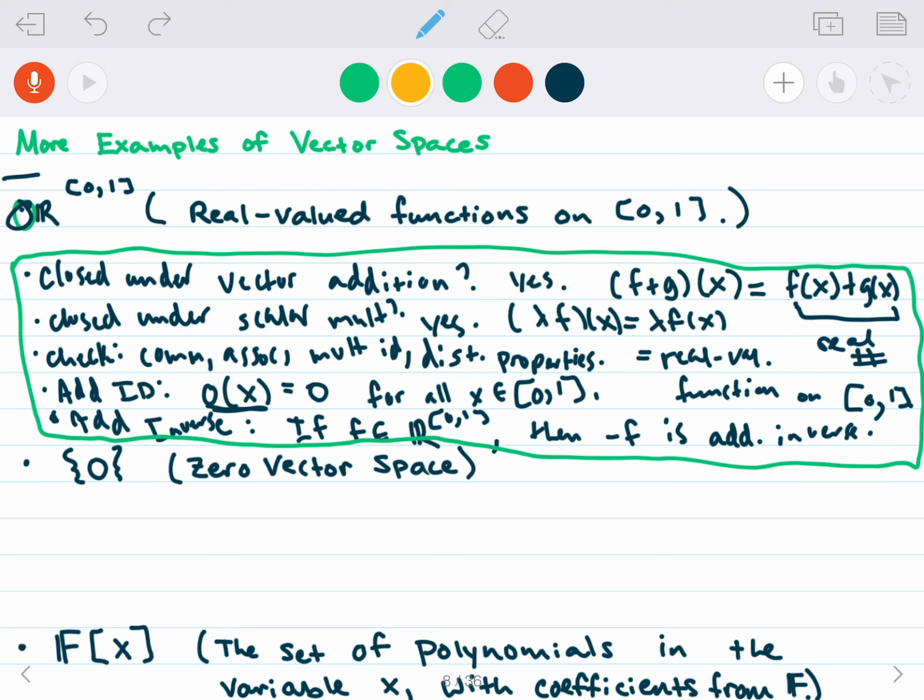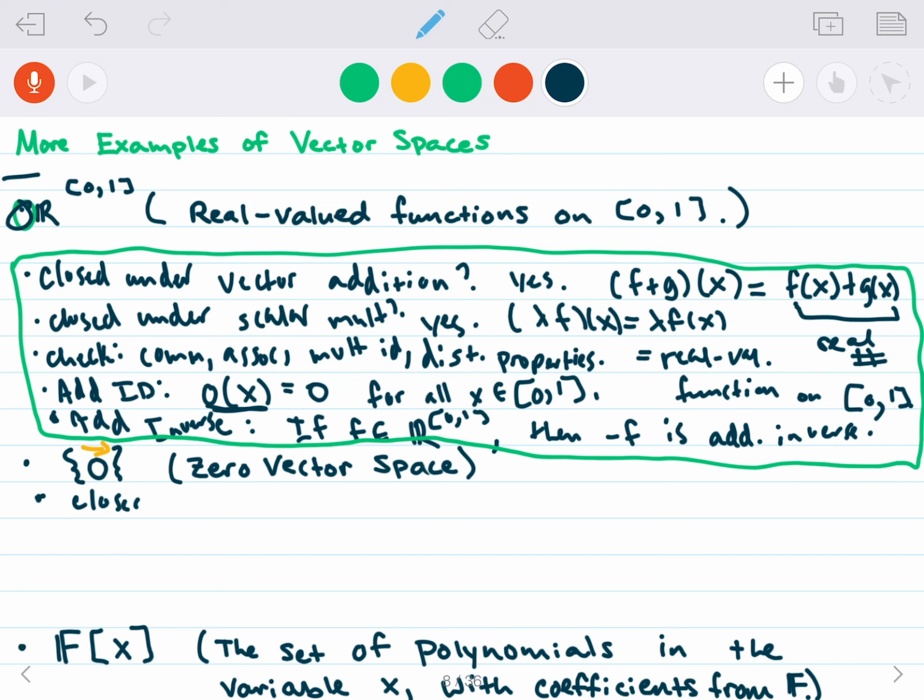If you want to not confuse yourself, maybe put a little arrow above that to say, hey, that's the 0 vector, and it's not just going to be the number 0 unless your vector space is like the real numbers. But yeah, that's the 0 vector, and this is super easy and trivial to verify these axioms.